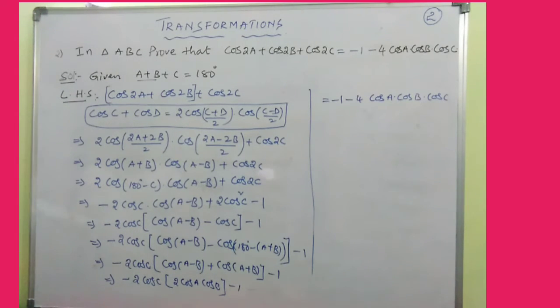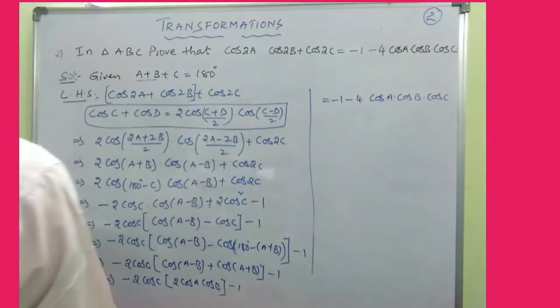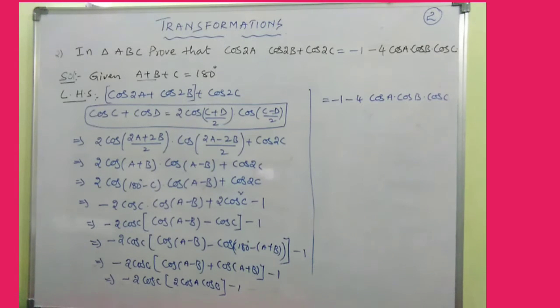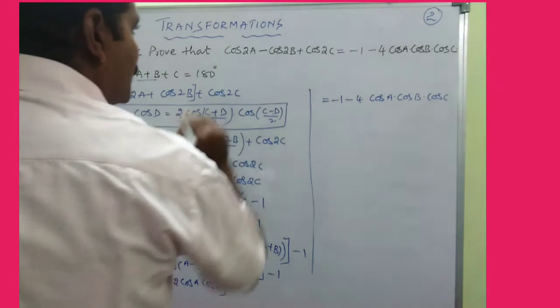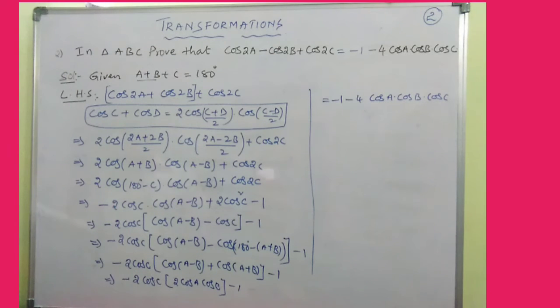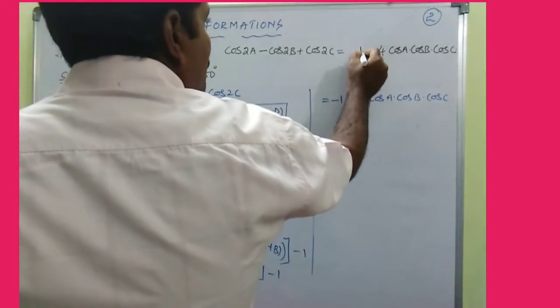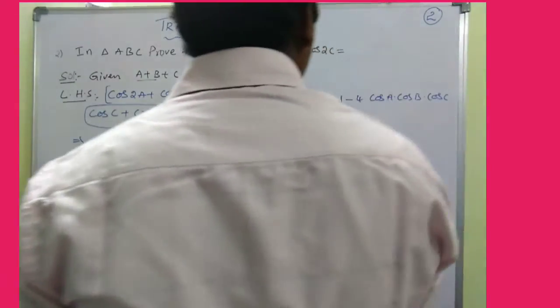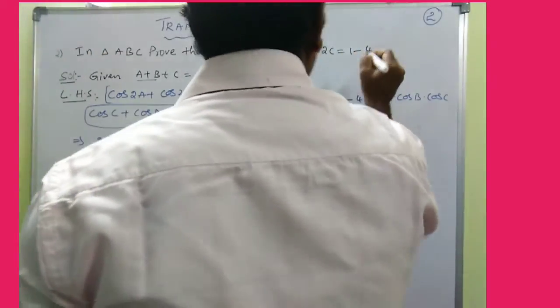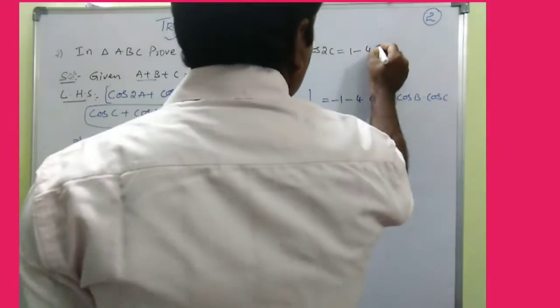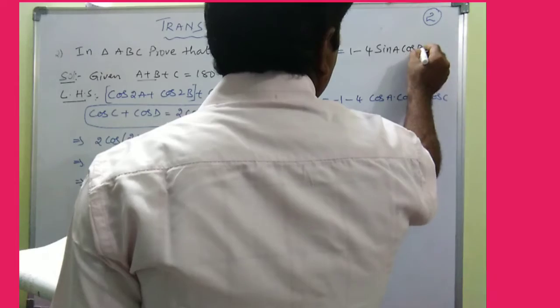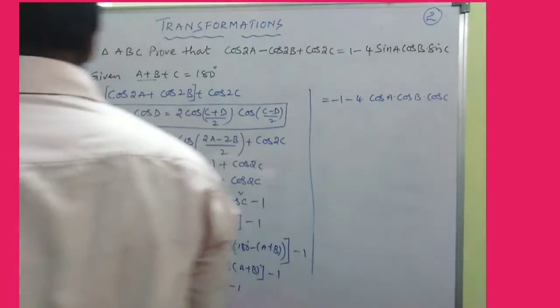Similarly, you see, if suppose the question is like this: cos 2A minus cos 2B plus cos 2C is equals to 1 minus 4 sin A into cos B into sin C. So look at this question now.